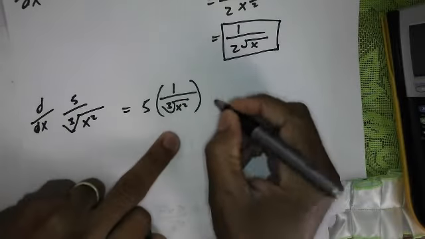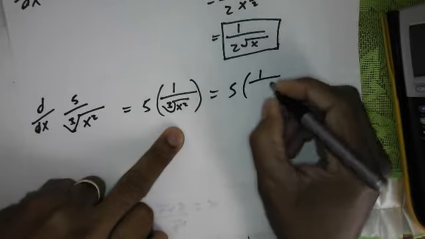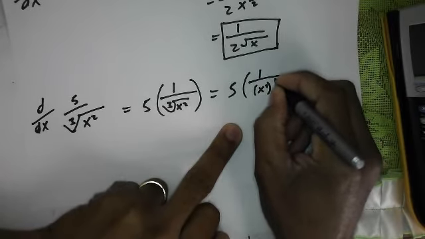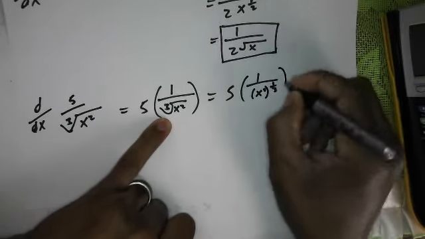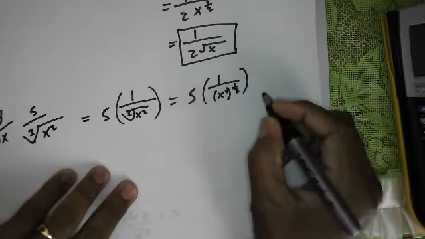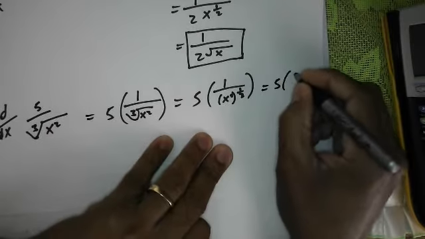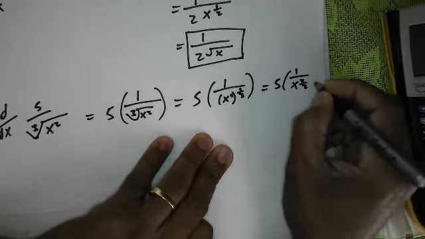And remember that this thing can also be written as 5 times 1 over x squared raised to the 1/3, because this is telling us that it's the third root. Okay? And I can simplify my fraction here as 5 times 1 over x to the 2/3.